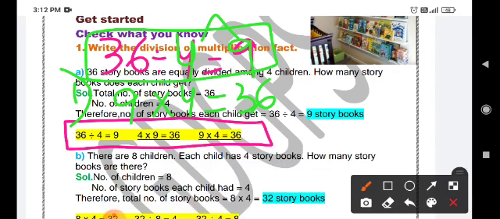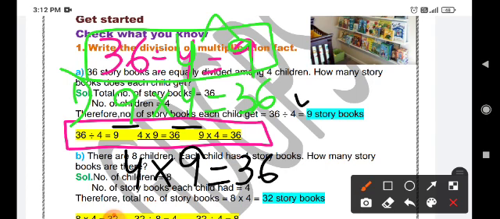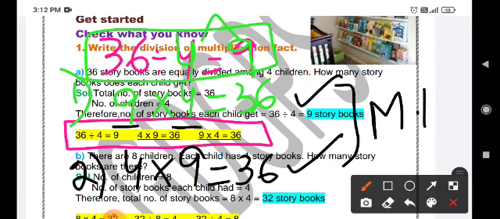Now, changing the order of the factors, 4 first and then 9 is equal to 36. The product remains the same. In this way, we write 2 multiplication facts for a given division fact.